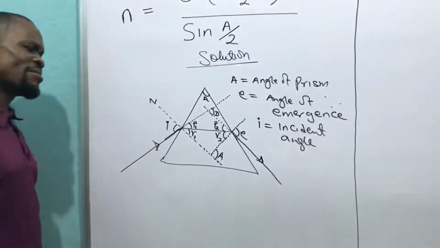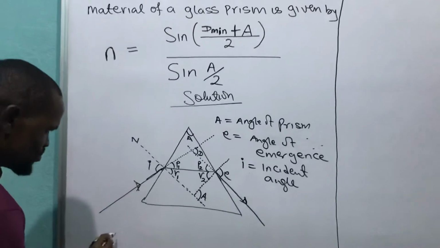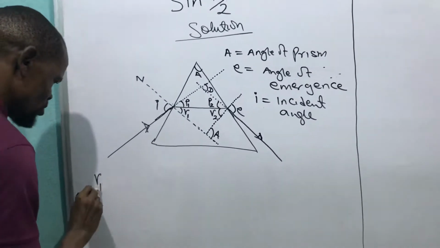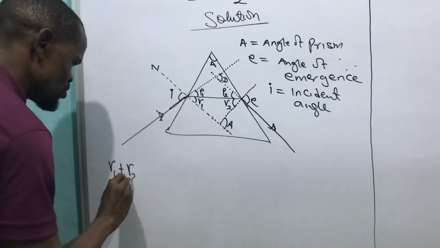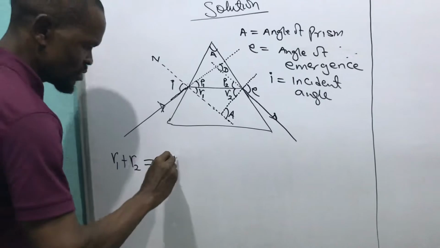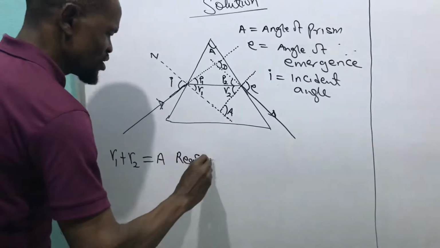You have seen the diagram. From this diagram, I can now say that R1 plus R2 is equal to A. Reason: who said this? Should I just formulate?